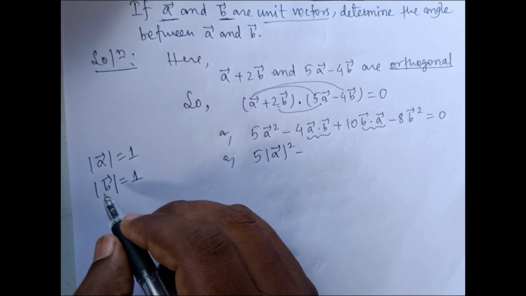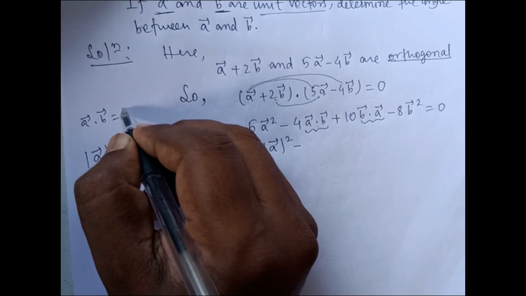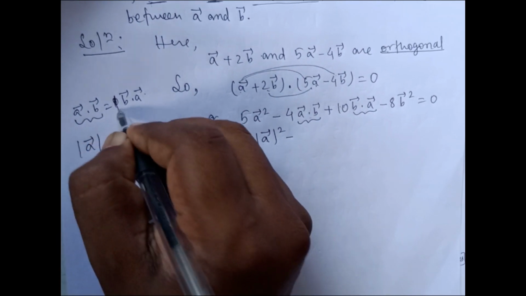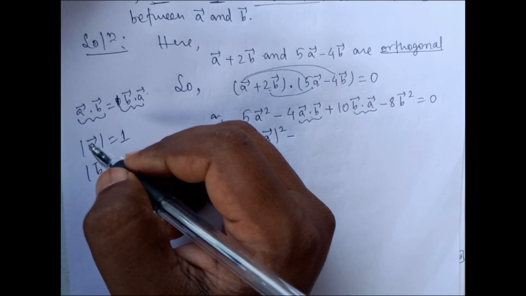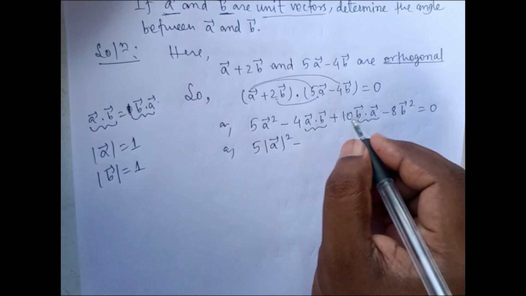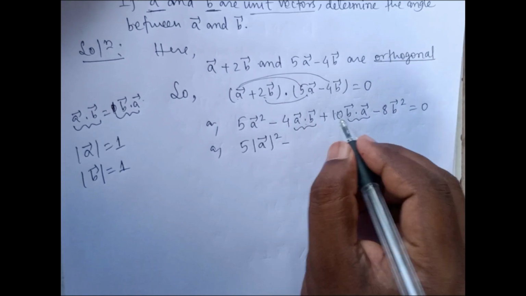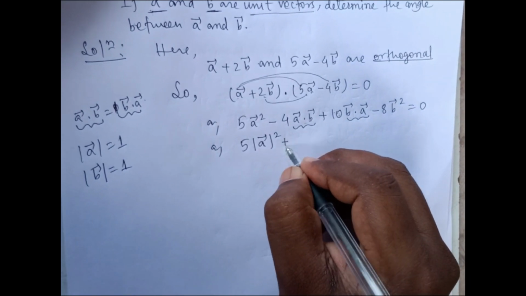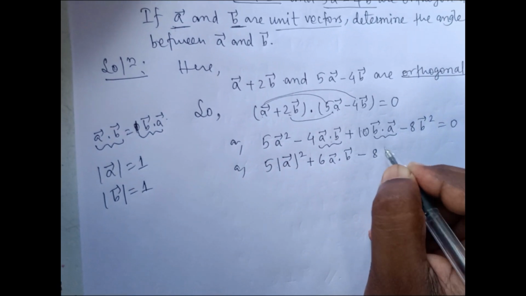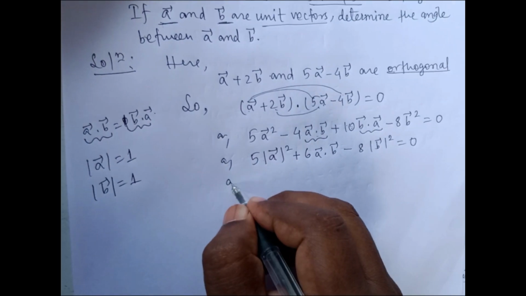By the properties of a scalar product, a·b = b·a, that is, the commutative law holds for the scalar product of two vectors. So these two are the same thing, and 10 − 4 is 6a·b − 8|b|² = 0.